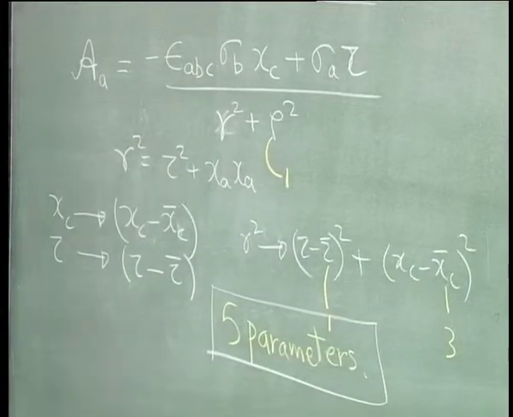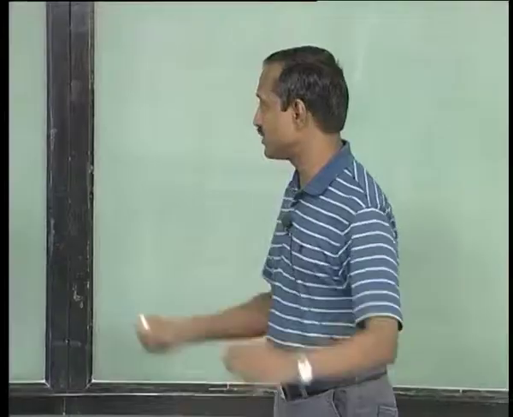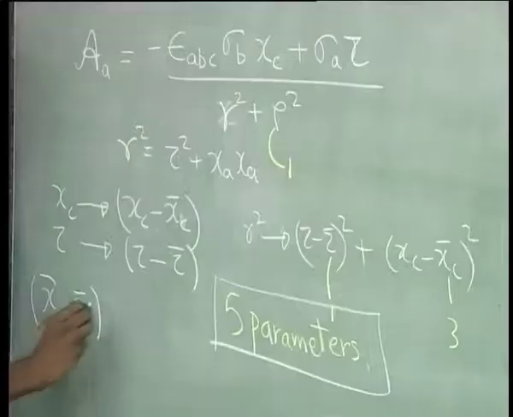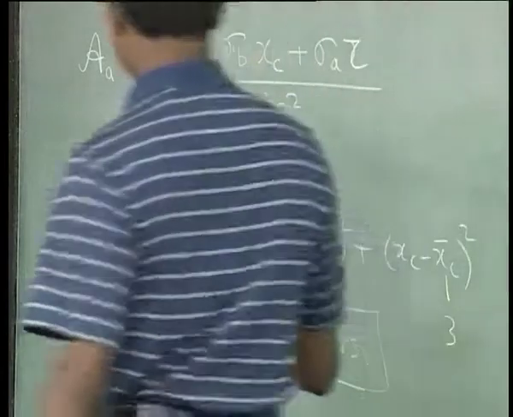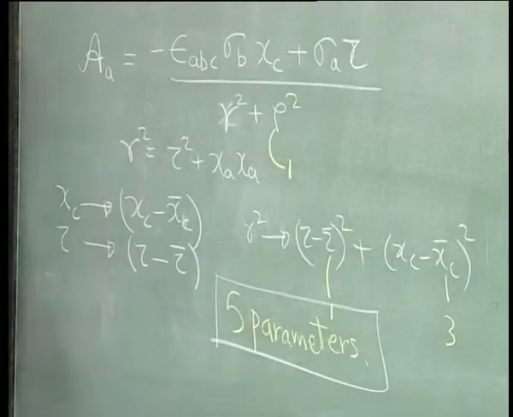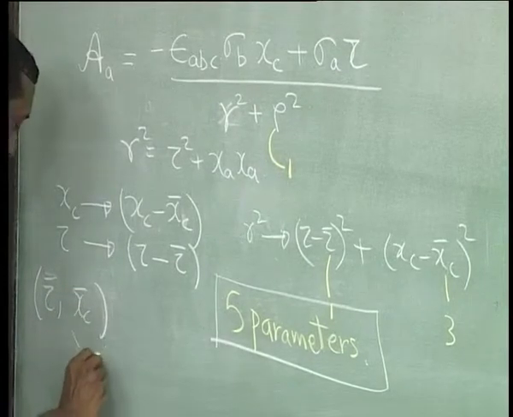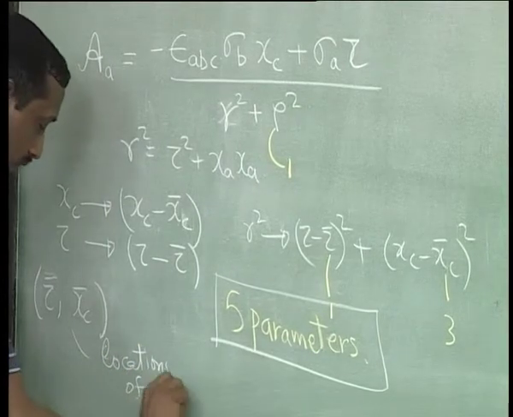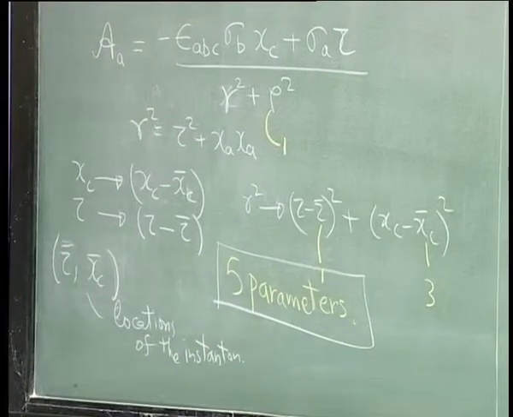So I did a quick count for what should be for a 2 instanton solution by intuitively saying that fine. Here the interpretation for tau bar and x bar c is that these are the location of the instanton, and this is the size.